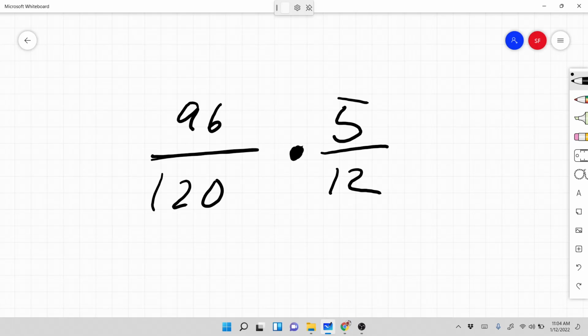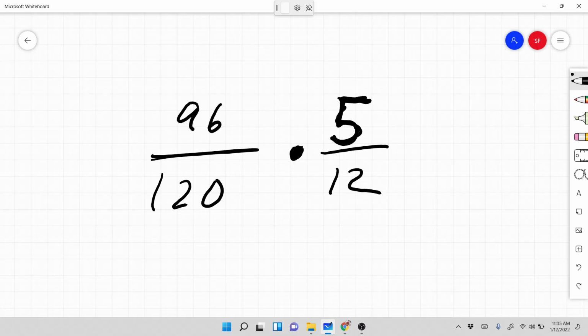Can you pre-reduce? I've already pre-reduced. Good. And so could you pre-reduce? Are you reducing the 96 and the 120, or the 96 and the 12, or the 5 and the 120?